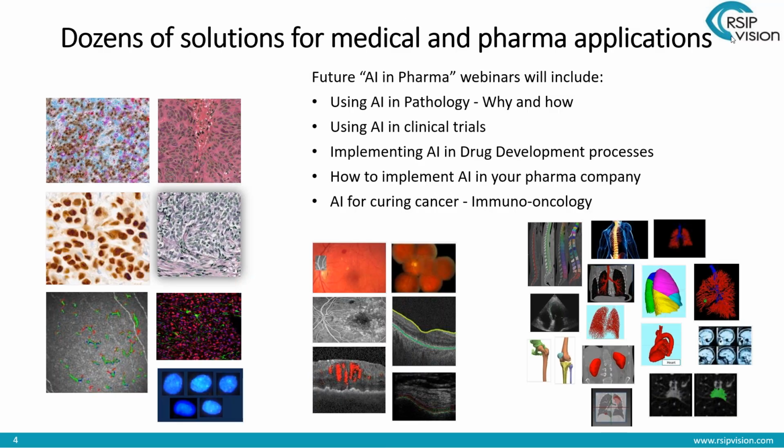I'm not going to tell you about all the things we've done. I will just say that many of them will find their way this way or the other to other webinars in our series. Just a few topics that we're thinking about are using AI in pathology, using AI in clinical trials, implementing AI in drug development processes, how to implement AI in your pharma company.